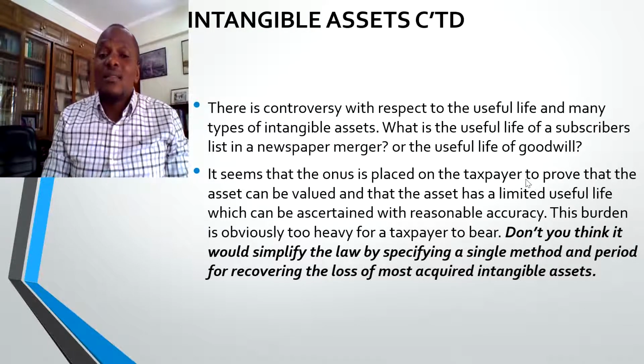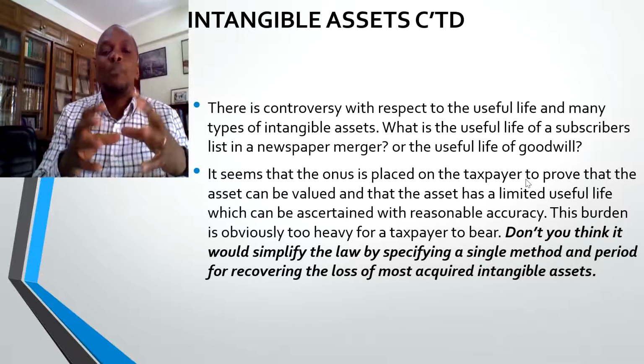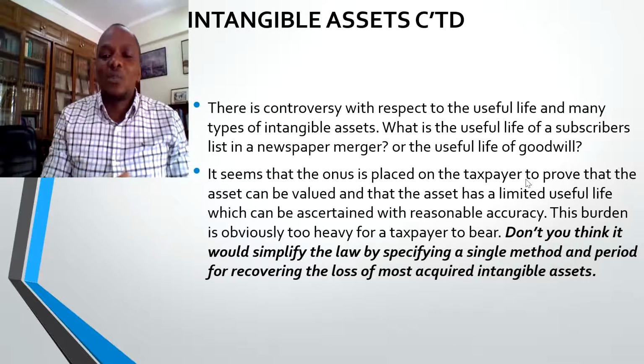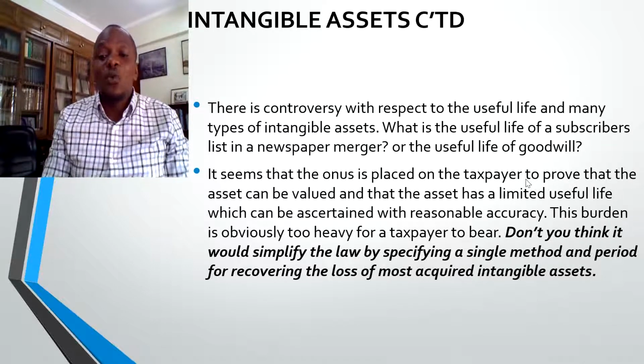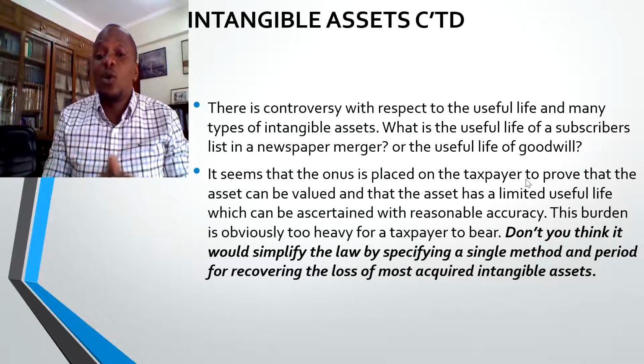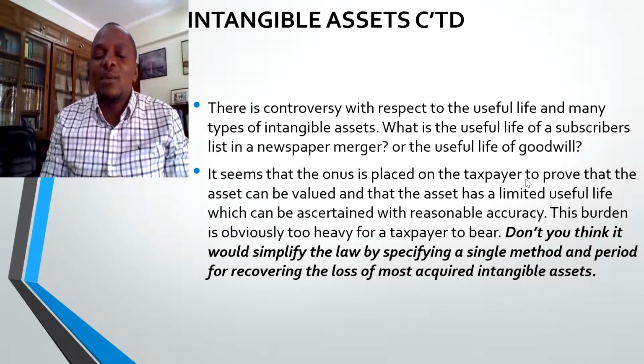However, the onus of proving the useful life of a given asset is placed on the taxpayer. I've posed some questions, as you can see in the slide, whether you think it would simplify the law by specifying a single method and a period for recovering the cost of most acquired intangible assets.